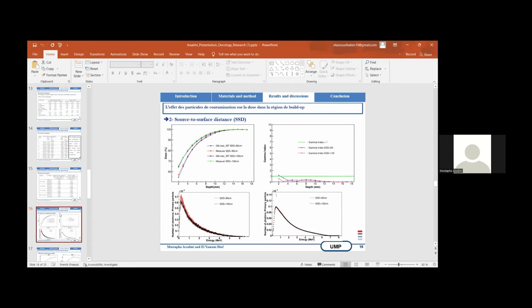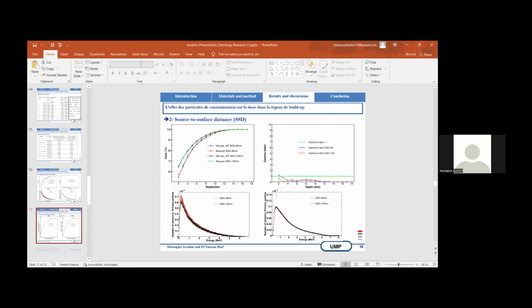The spectrum shows that the difference in distance of 10 centimeters of air influences the intensity of the electron number, which is logical since the path of the electrons is very short. On the other hand, photons have a long path in matter, and therefore 10 centimeters of air does not have any effect on the intensity of the number of photons, which is, of course, logical.